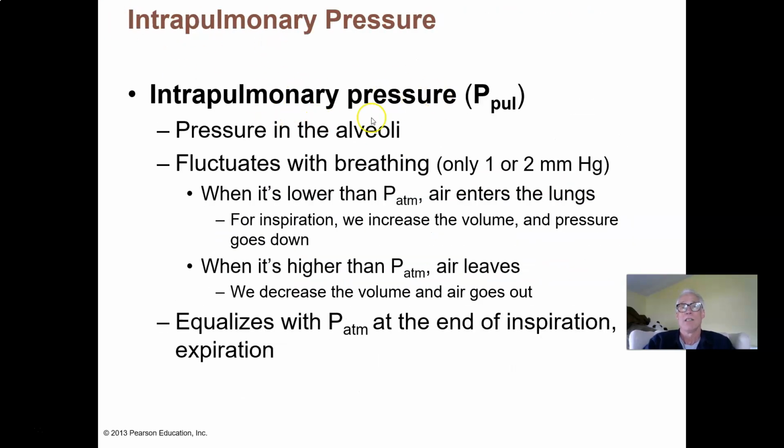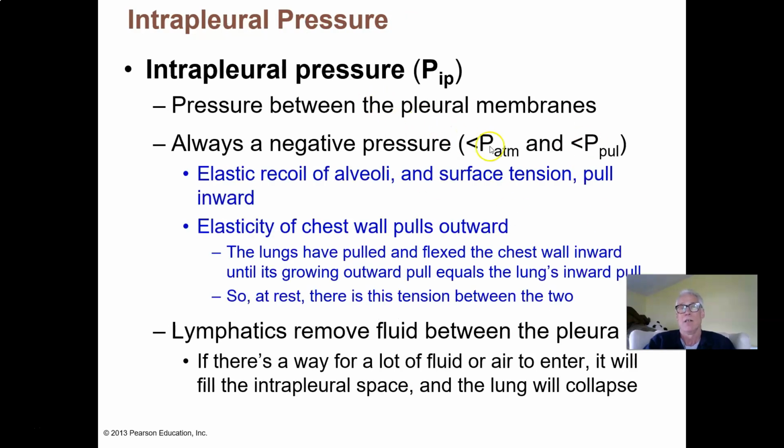The pressure inside the lungs, the alveoli and so forth, is called the intrapulmonary pressure. Pulmonary just means of the lungs. So intrapulmonary pressure is the pressure inside, and the intrapleural pressure is always lower than the intrapulmonary pressure and lower than atmospheric pressure.